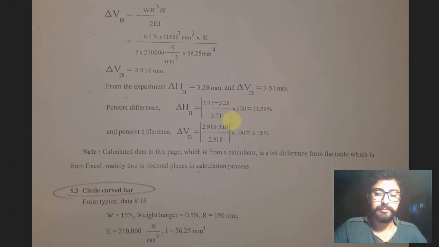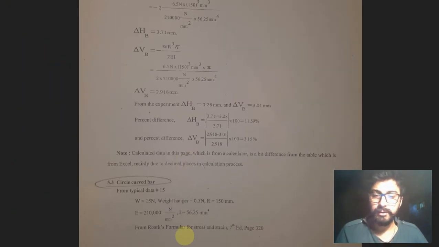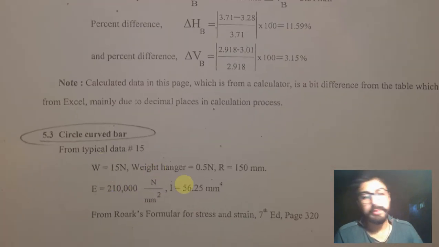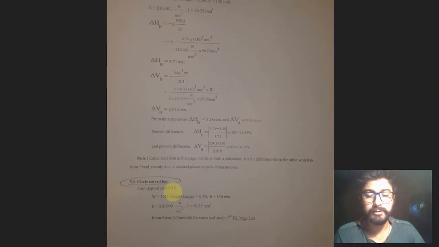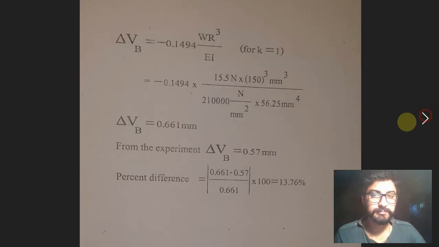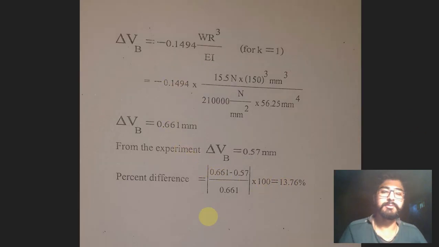Again, if we have a circular bar and we use the same procedure, W is equal to 15 Newton, again adding the weight in increments. The vertical percentage difference comes out to be 13.76%.